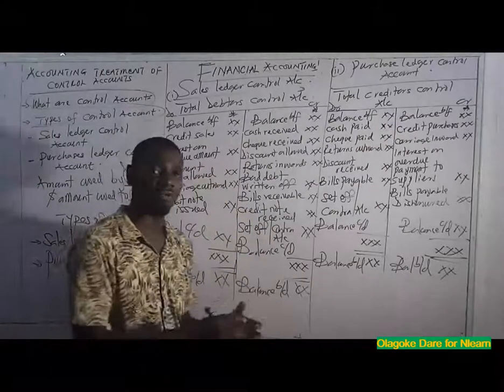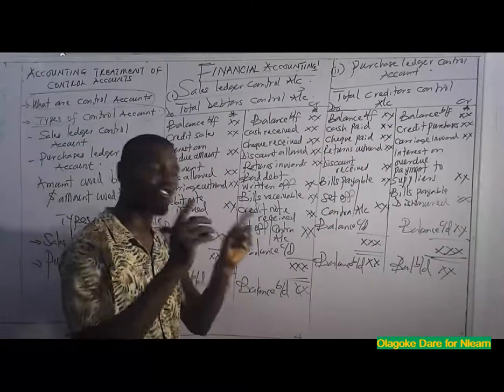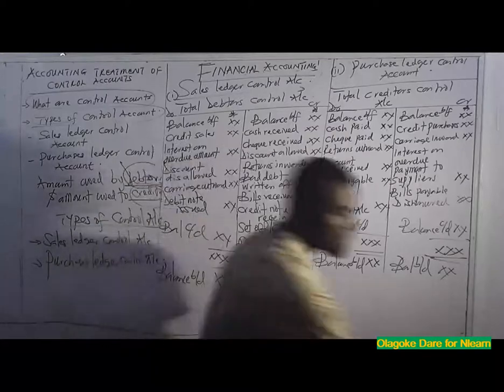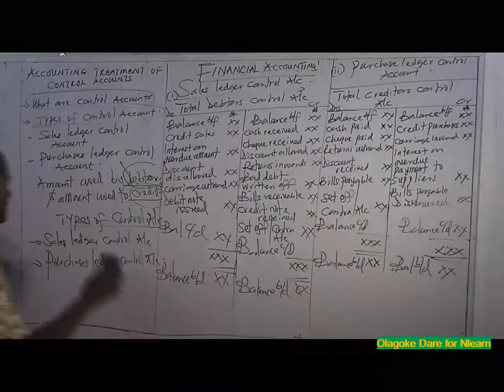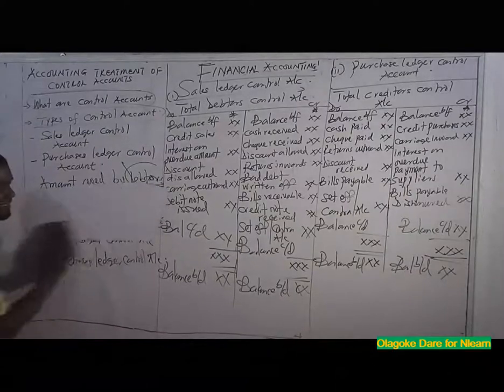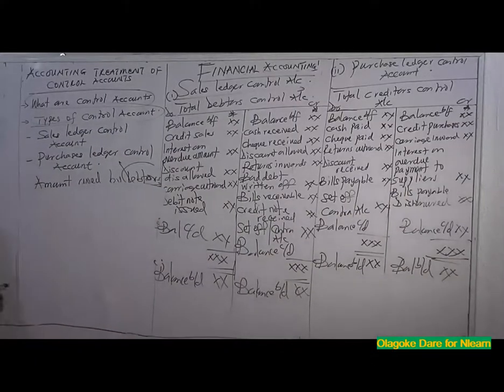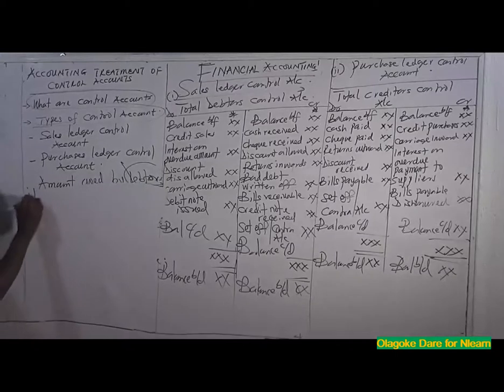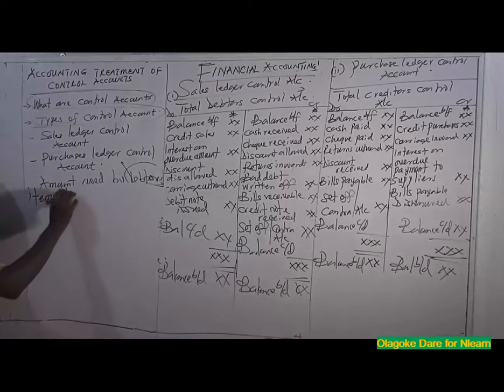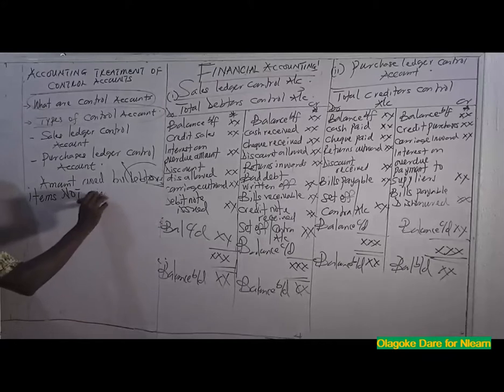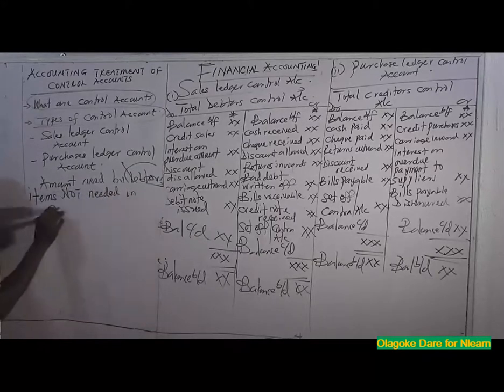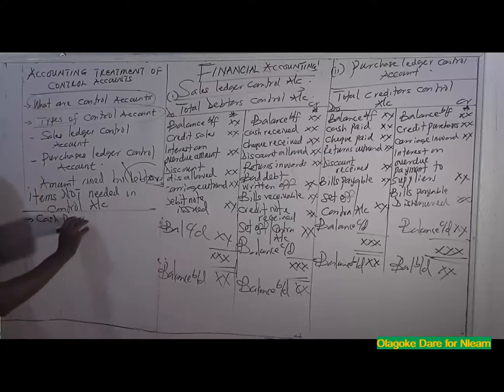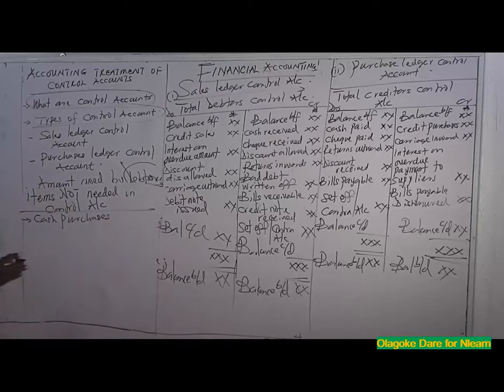In control accounts, there are items that must not be posted. What are these items? Items not needed in control accounts. They are, number one, cash purchases, because when we determine the amount owed to creditors, we don't need cash purchases.